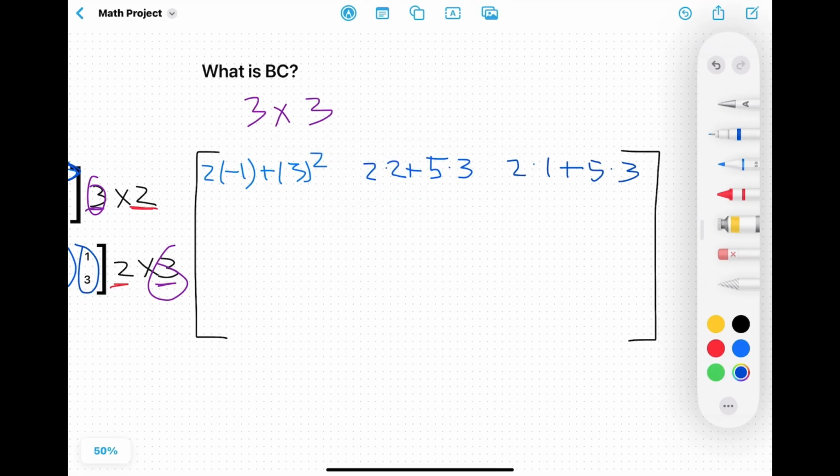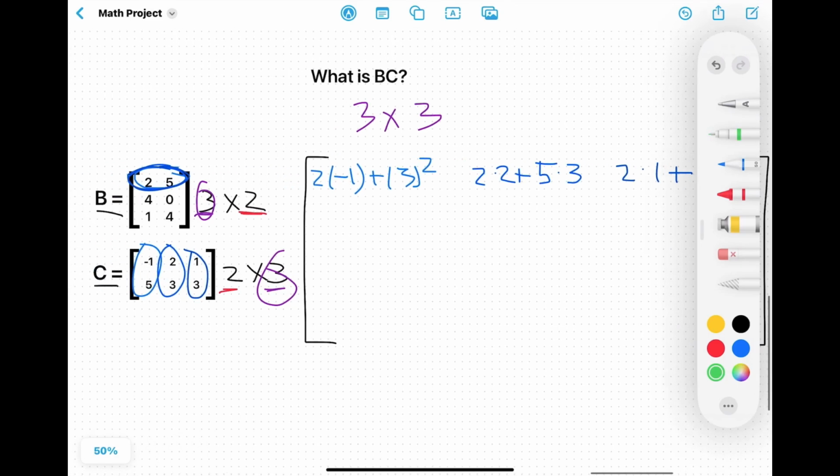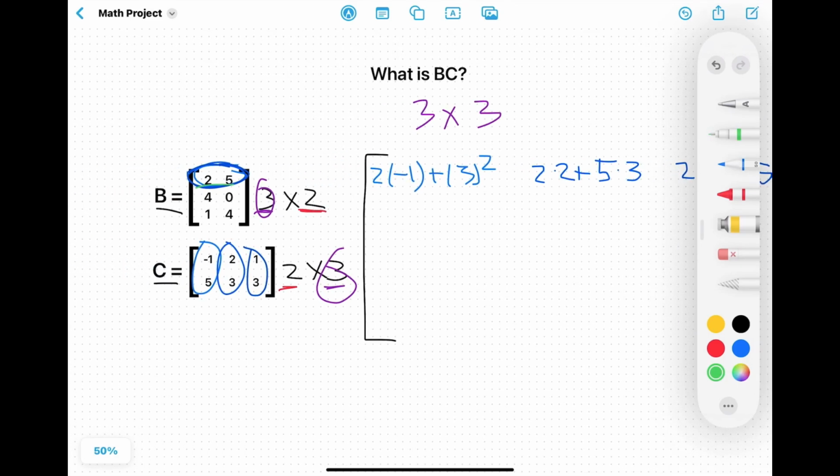Now that you figured out the first row, you just gotta repeat the process with the other rows. So row 2, column 1 would be these two. So it'll be 4 times negative 1 plus 0 times 5.